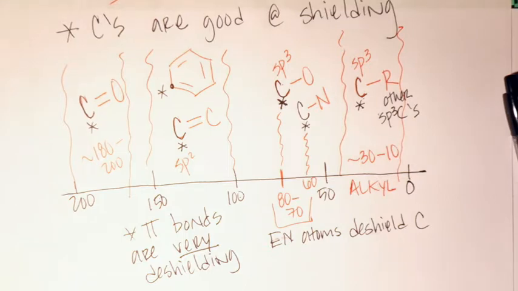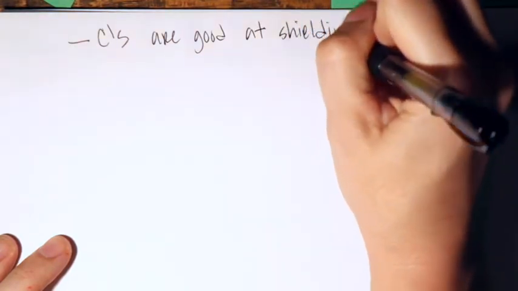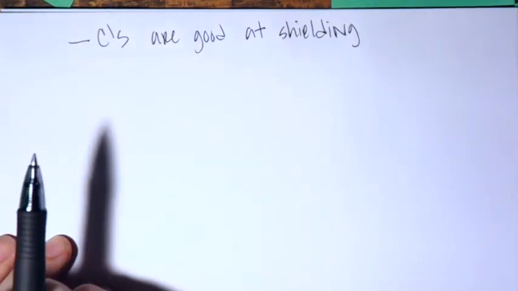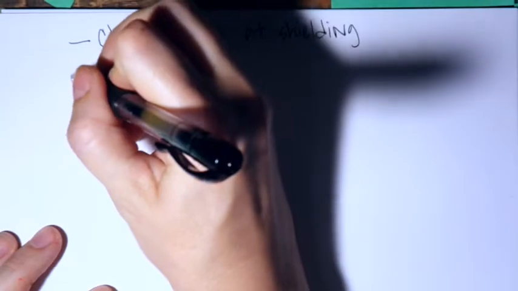Just to sum up the shielding effects. We learned that C's are good at shielding. So if it's just bonded to carbons and stuff like that, it's going to be more upfield for sp3 carbons.